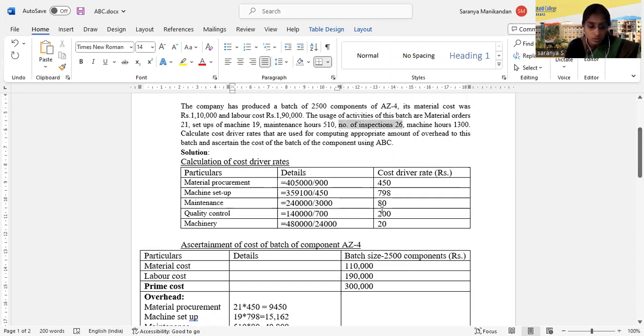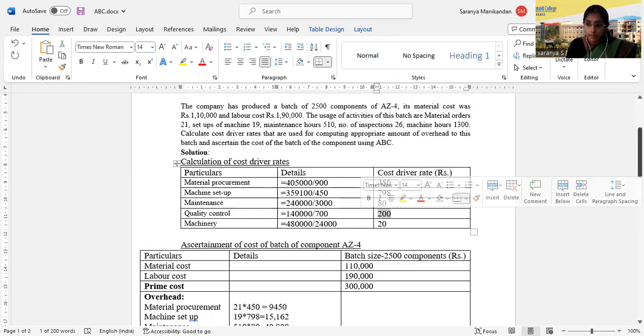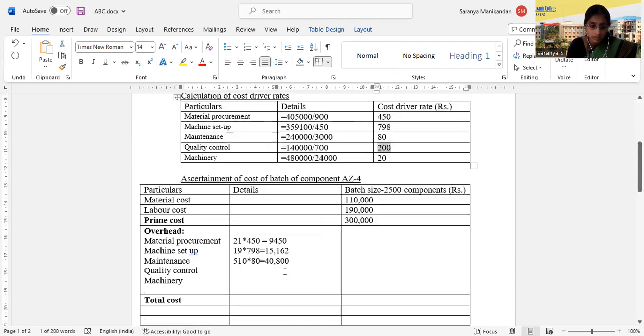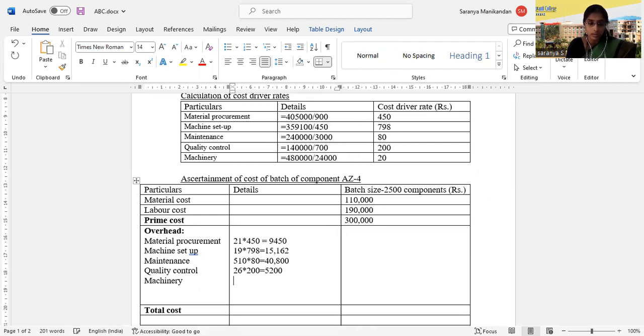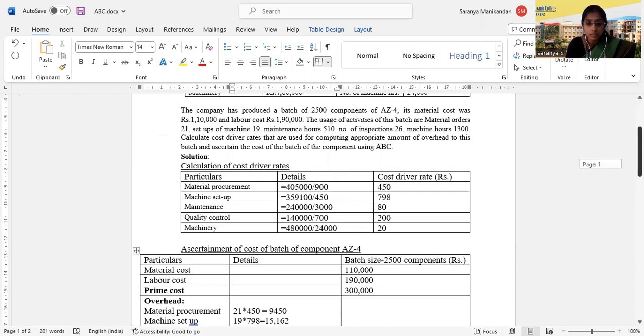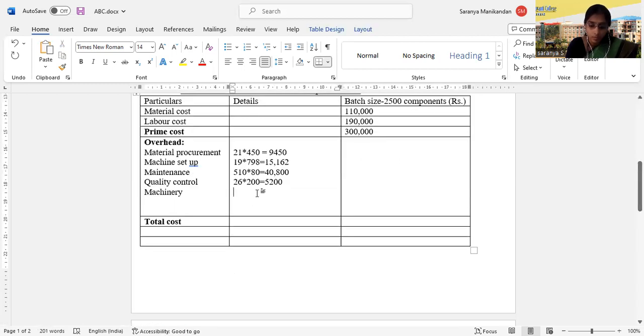So 26 into 200 is 5,200. And for machinery, machine hours is 1,300. So 1,300 into 20, we will get 26,000.